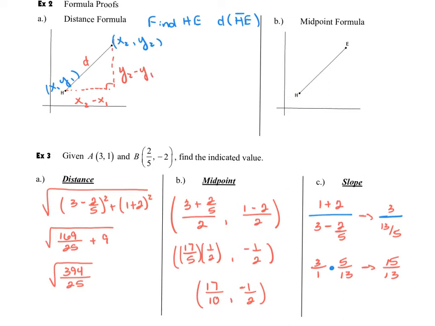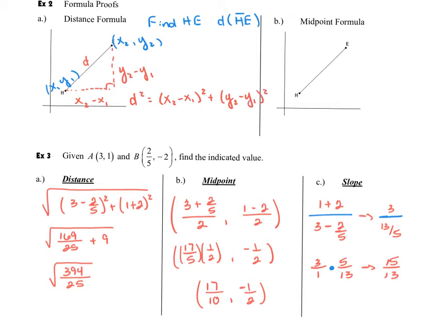So if I'm looking for the distance, what I'm really just thinking about is the Pythagorean theorem on this triangle. I'm simply thinking that the hypotenuse squared is going to equal one of the legs squared, x sub 2 minus x sub 1 squared, plus the other leg squared, y sub 2 minus y sub 1 squared.